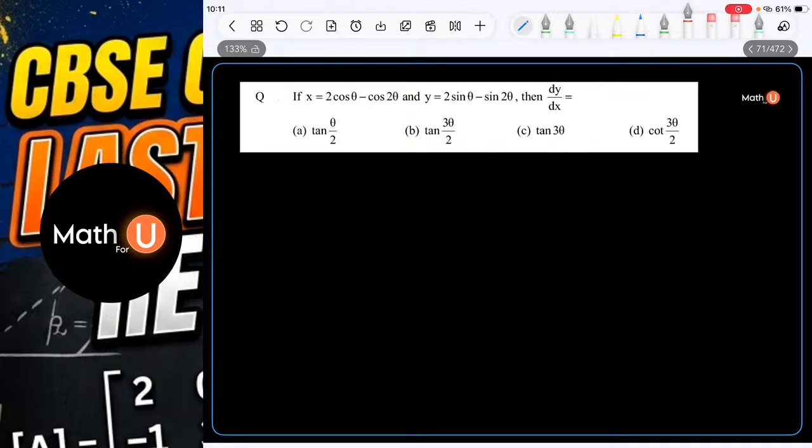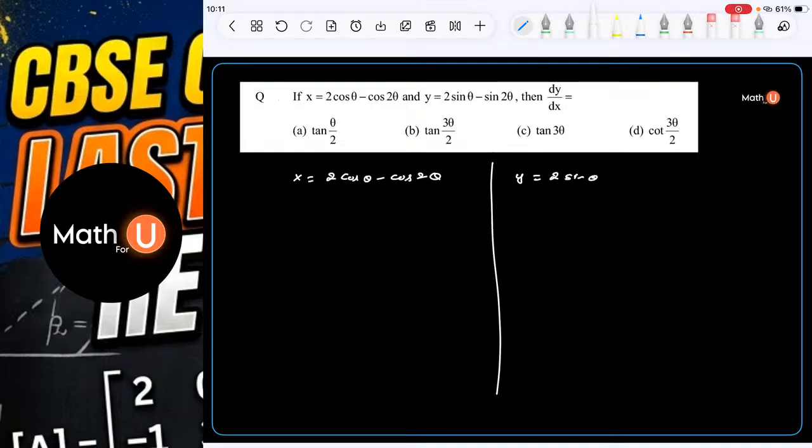Okay, next this question. Here x is equal to 2 cos theta minus cos 2 theta, and y is given as 2 sin theta minus sin 2 theta.